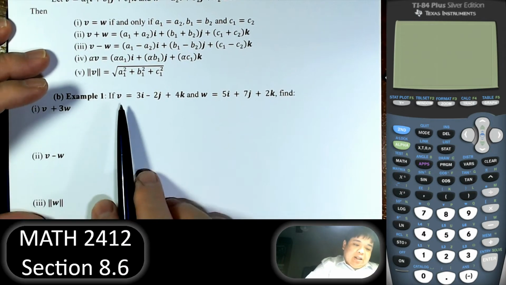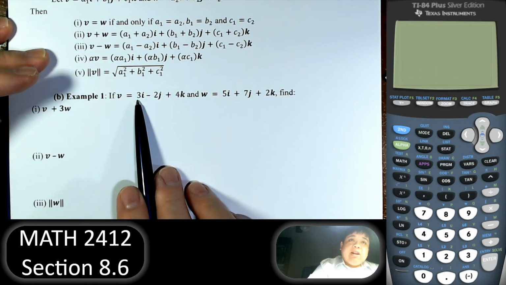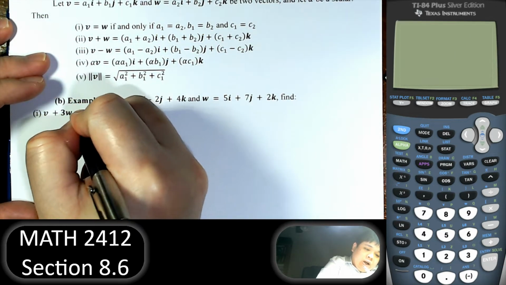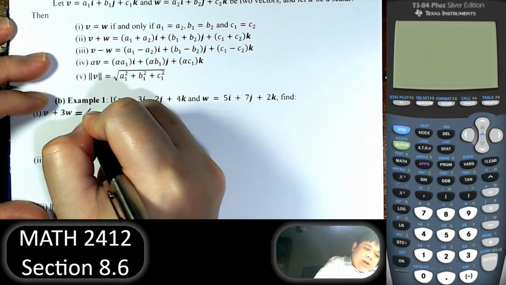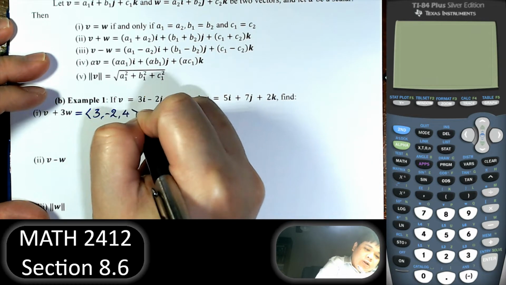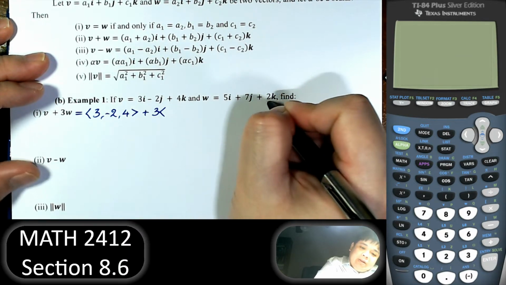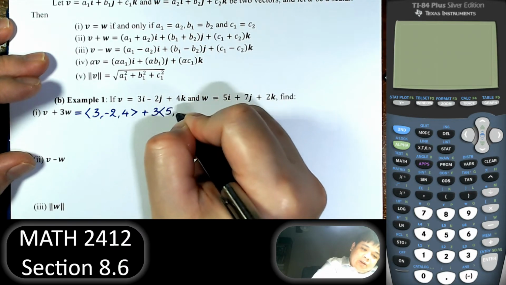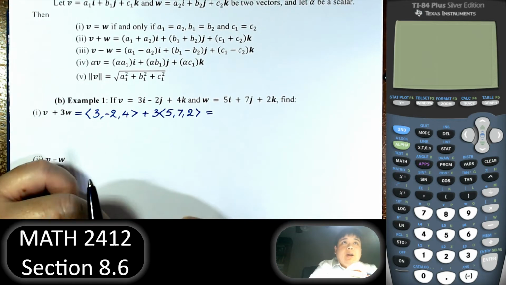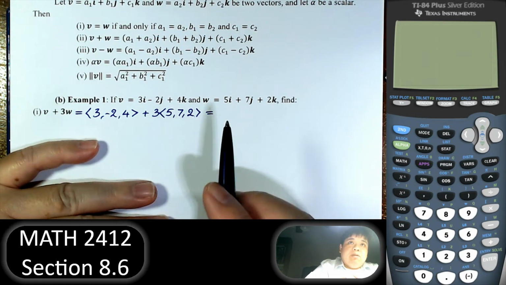Right, now let's say we have these two vectors, v and w, 5v plus 3 times w. So vector v will be 3, negative 2, and 4. We add 3 times vector w, 5, 7, and 2. Right, let's multiply the 3 into all of the components of the vector w first.